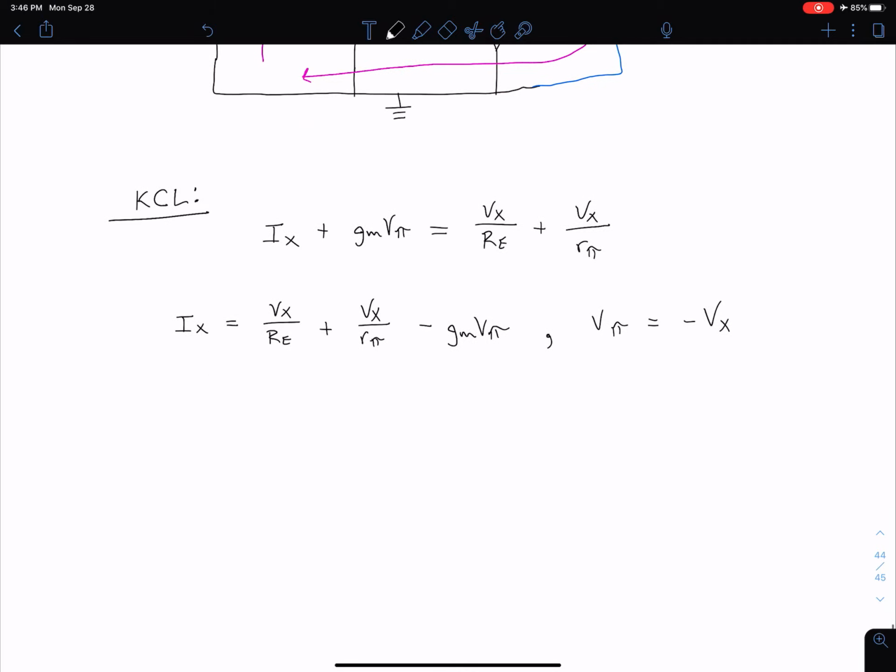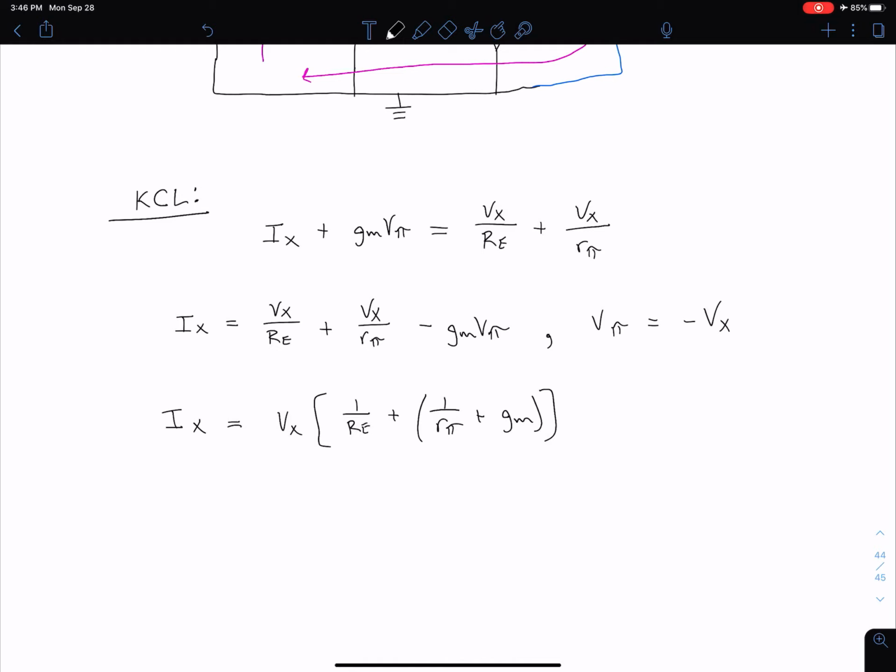So if we substitute that in, we're going to have Ix is equal to Vx times the quantity of 1 over Re plus the quantity of 1 over R pi plus gm. Sorry, let me do parentheses, brackets, okay.